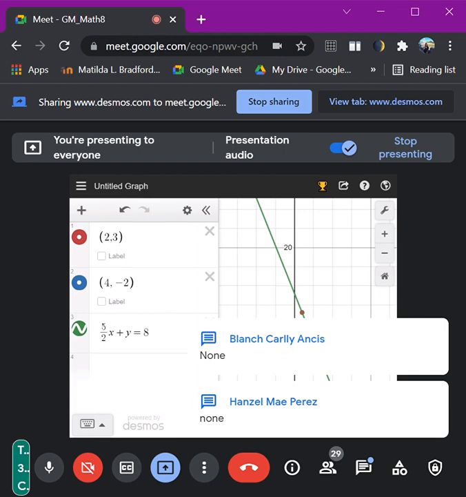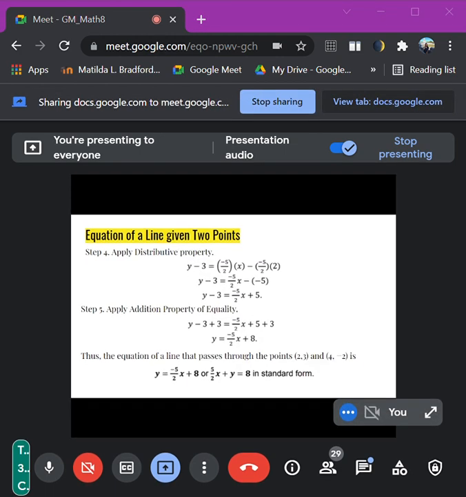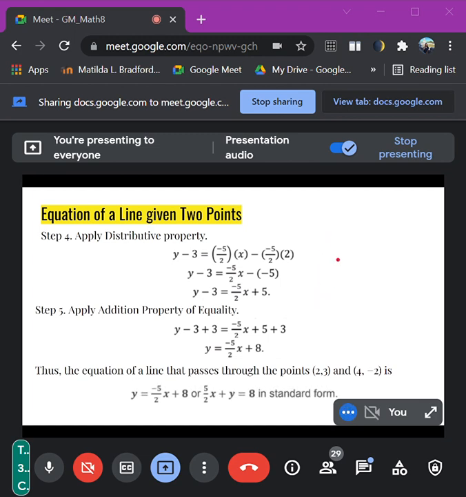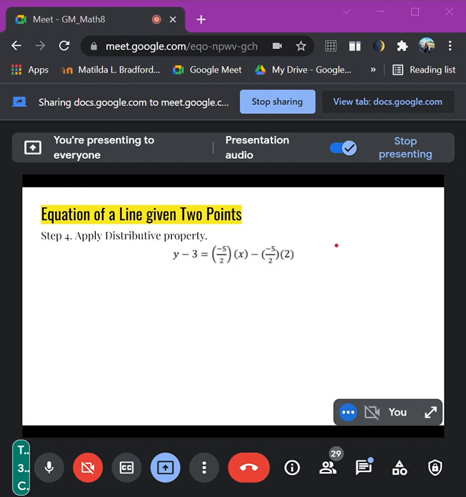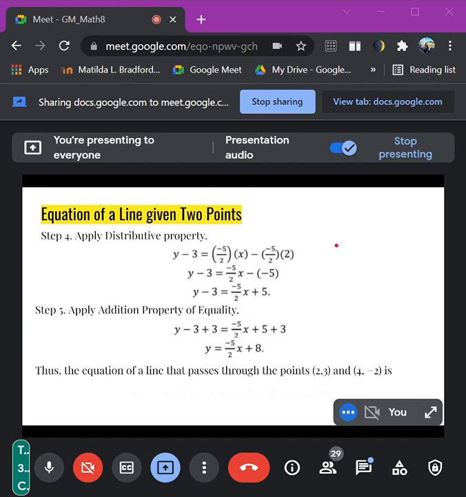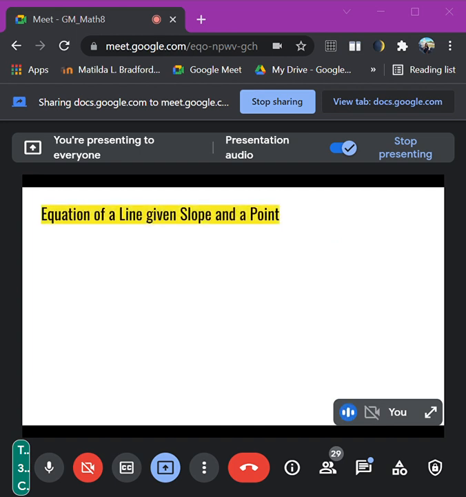Now, let's go to our next nga situation. So, for our next situation, class, is what if, o nibalik na siya. So, we have here, what if the given kay slope og point. So, what if ang given kay slope og point?